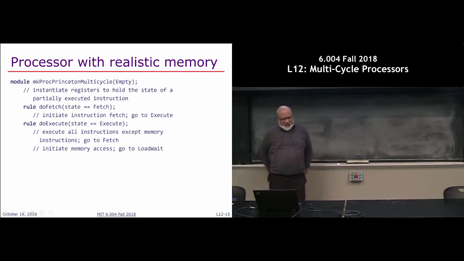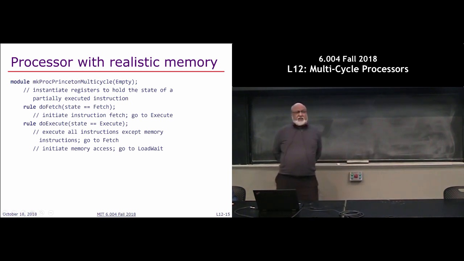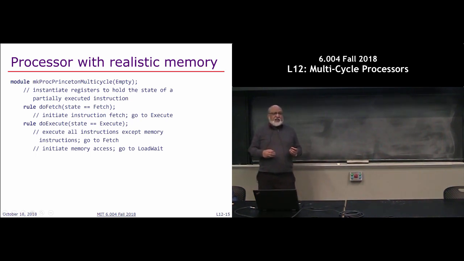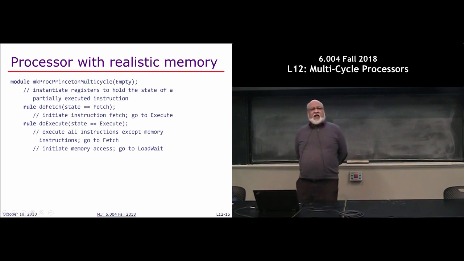Because there's that structural problem again. On the other hand, we can initiate the memory instruction if we want, because remember, we had initiated the fetch in the fetch stage. In this rule, we are waiting for the response. As soon as we get a response, if we want, we can initiate another request. But we will be initiating this only if it is a memory instruction.